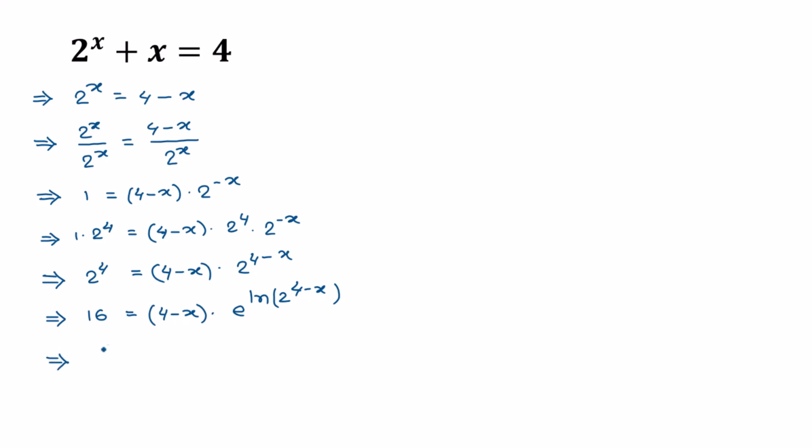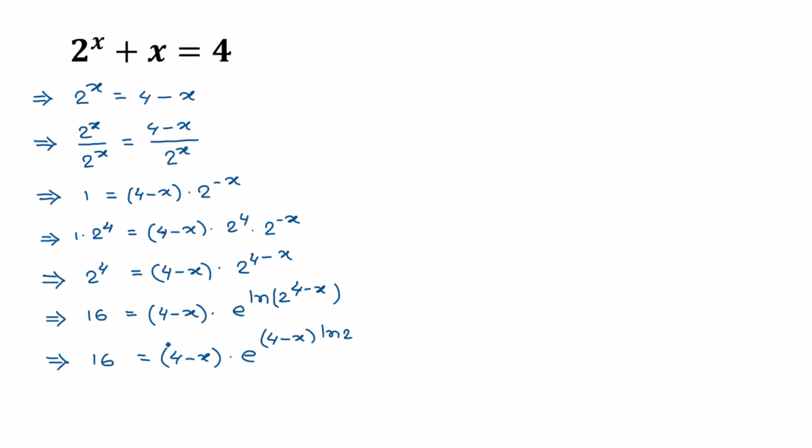So 16 is equal to 4 minus x times e to the power ln of a to the power b. We can write it as b ln of a, so we will have 4 minus x times ln of 2. Now to make this power and this part same, we have to multiply both sides by ln of 2.